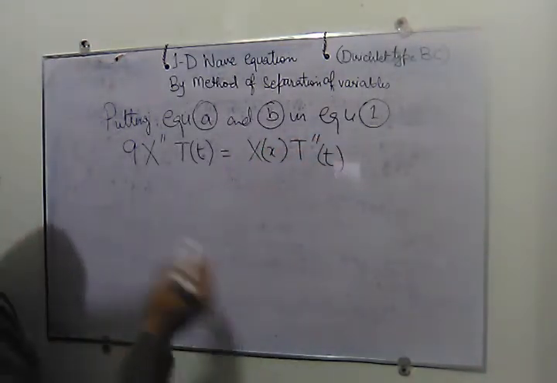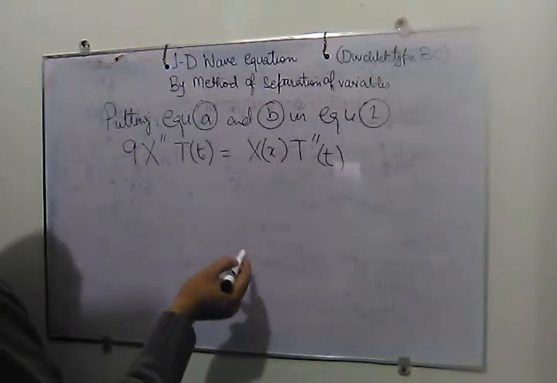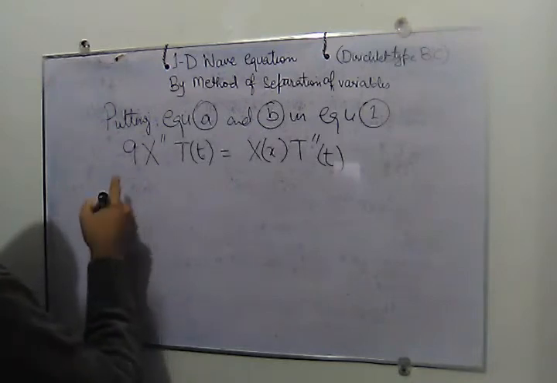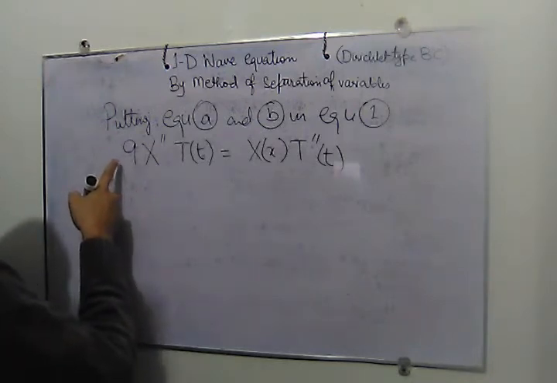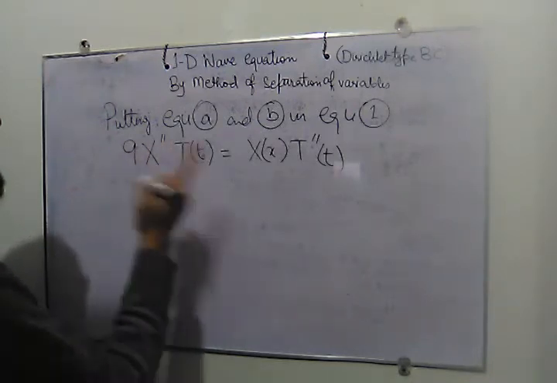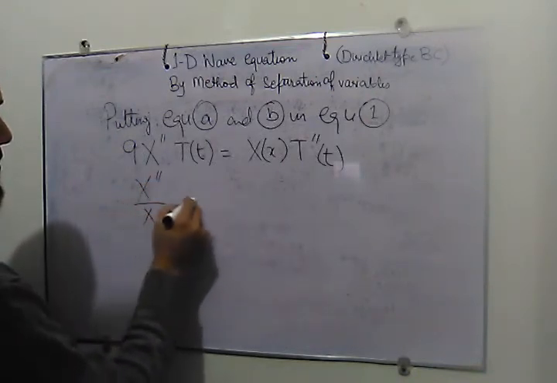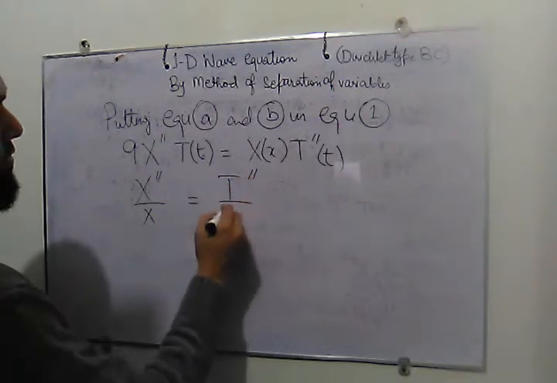Here we can separate and bring all x on one side of the equation and all t on the other side, and we always put the constant with the t equation. So this gives us the result like this.